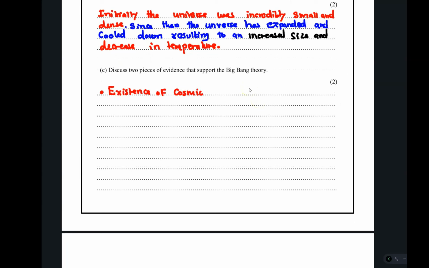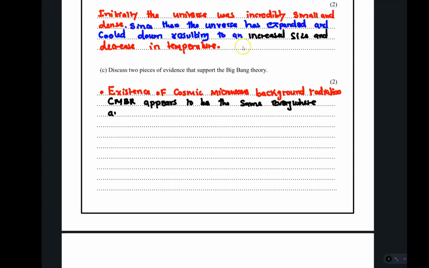We have the existence of cosmic microwave background radiations, and also we have the redshift that is observed from distant galaxies. So existence of cosmic microwave background radiations, CMBR, appears to be the same everywhere and acts in all directions.